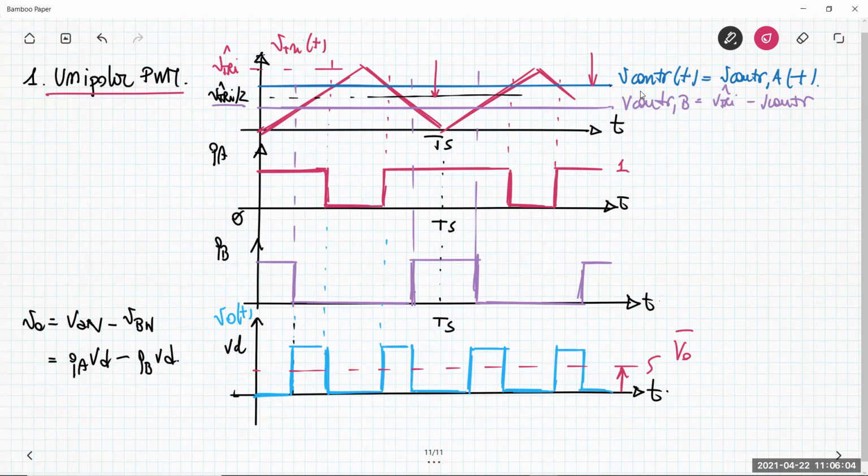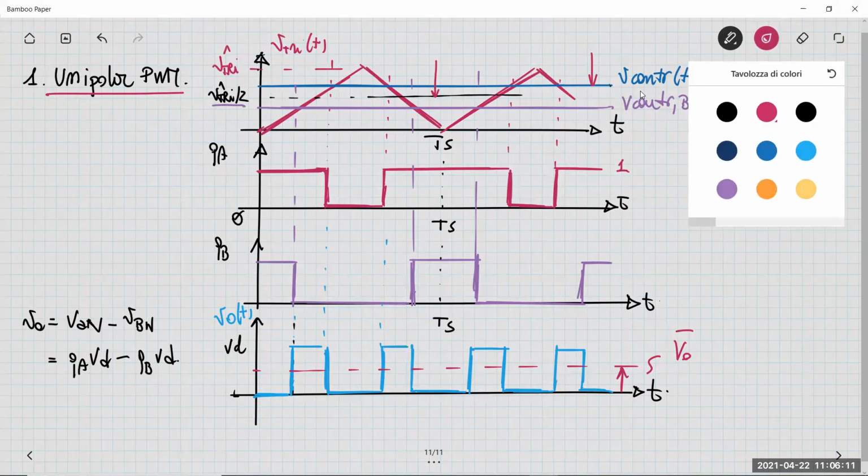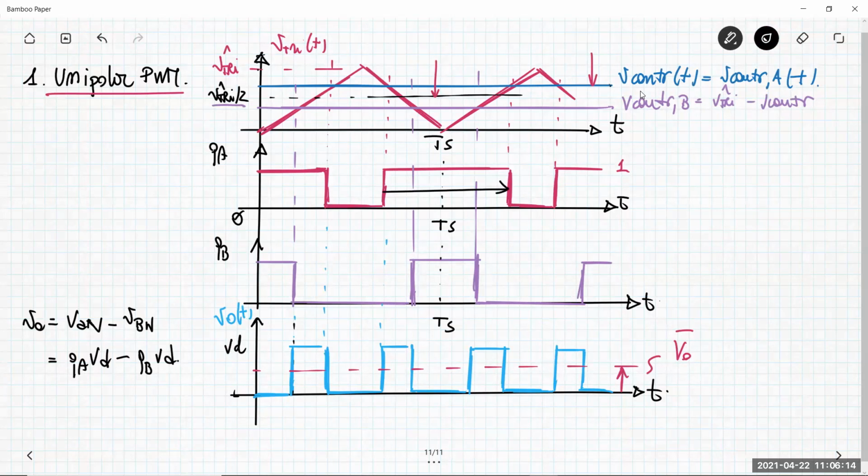Another consideration is the width of these pulses. This interval here, from this point to this other point, is Ts. This quantity is simply the T-on interval.